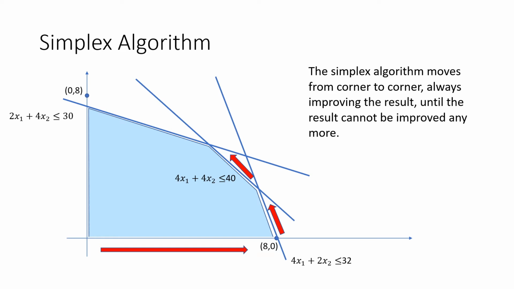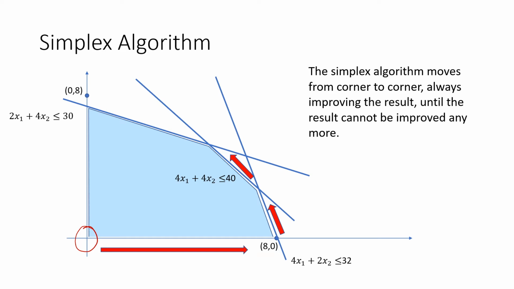A basic point is where you set some of your variables equal to 0 and solve for the rest of them. It's usually the easiest one to start at, and then just hop around your feasible area until you find the best solution. The simplex algorithm essentially does that.